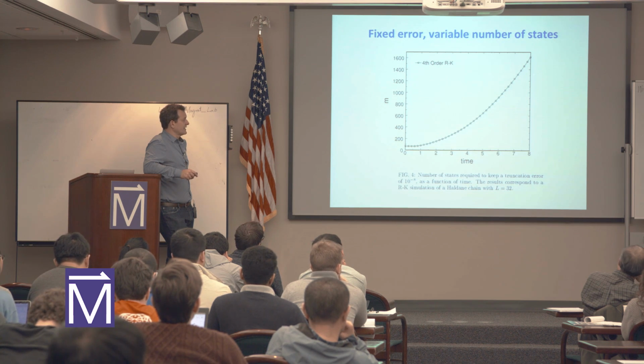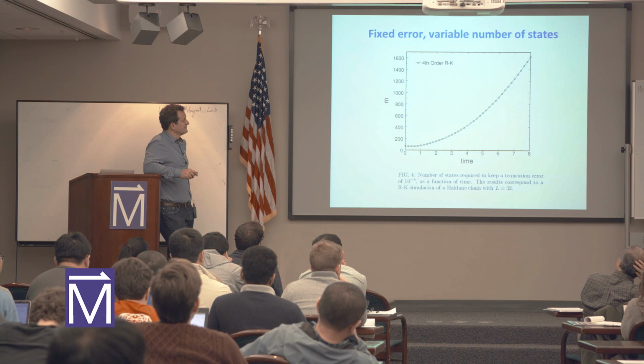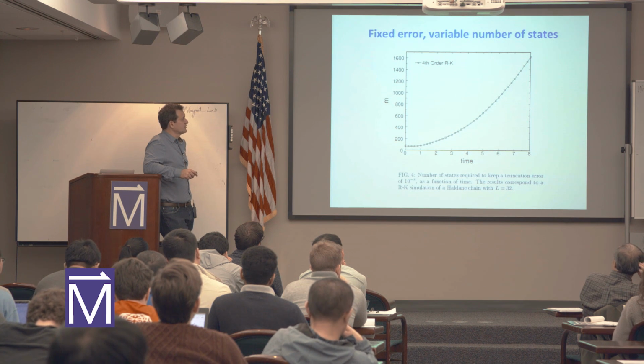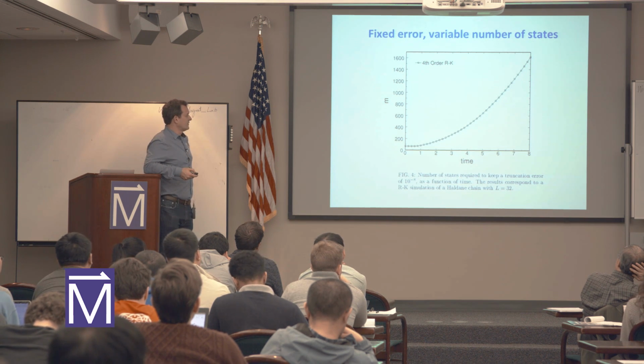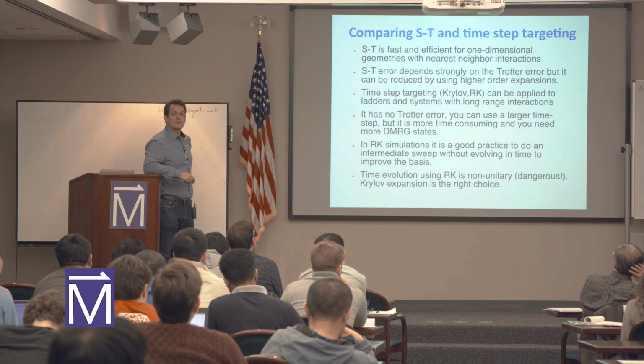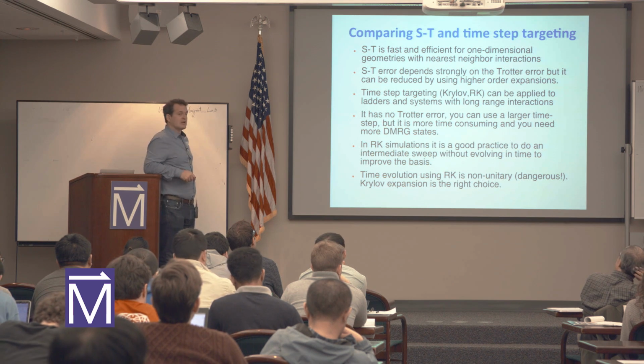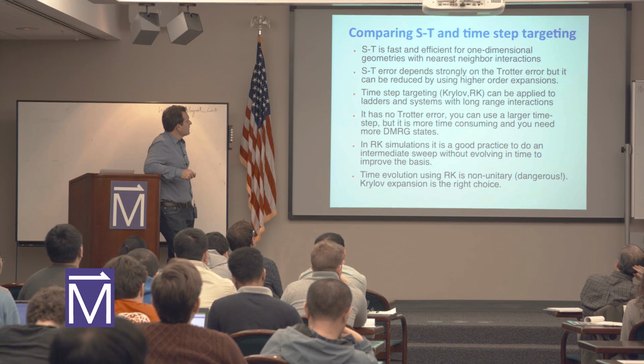You see that it grows very fast. I mean, this is a small chain. You have to keep 1,600 states to get to a time of the order of 8 in units of J. Why does it grow like this? So that's another problem that we need to figure out.